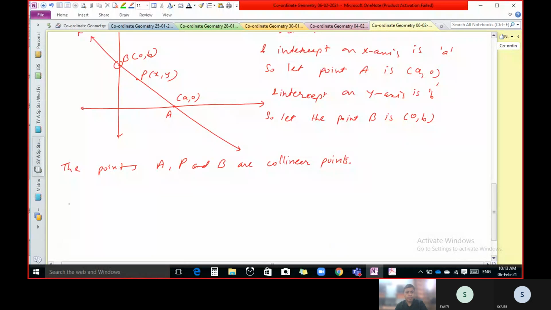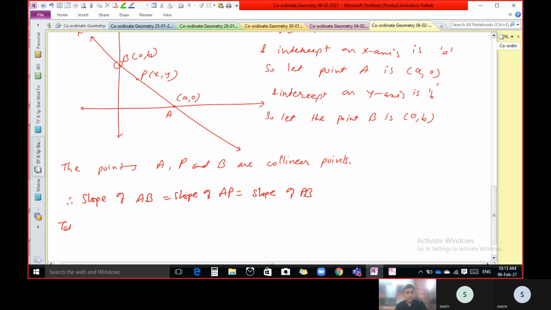Therefore, slope of AP equal to slope of PB, meaning the slopes should be the same because the points are collinear.